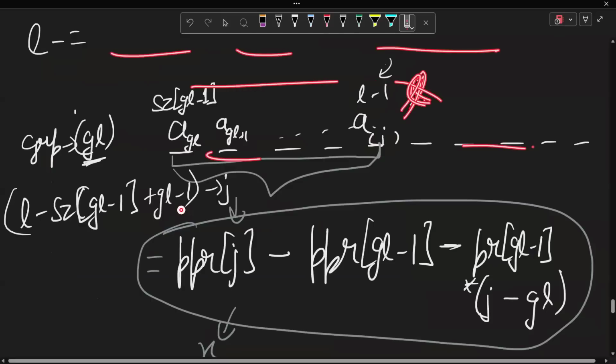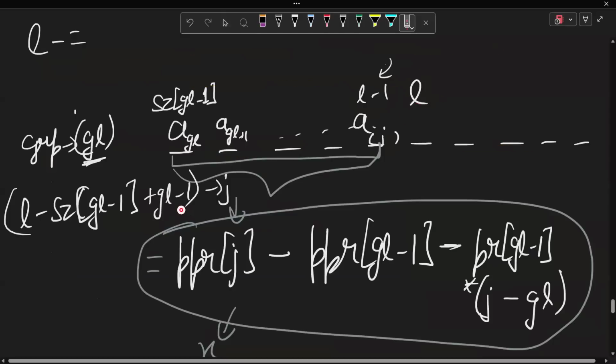If I convert it to the index of my group, if this is first, second, third, fourth, like this, then this is L. So for that, I'm considering size of GL minus 1 as 1. It means I would have to subtract this minus 1 from L.